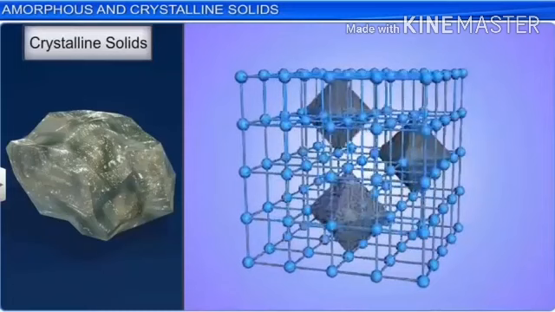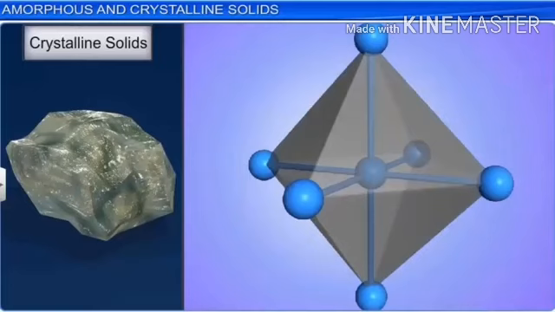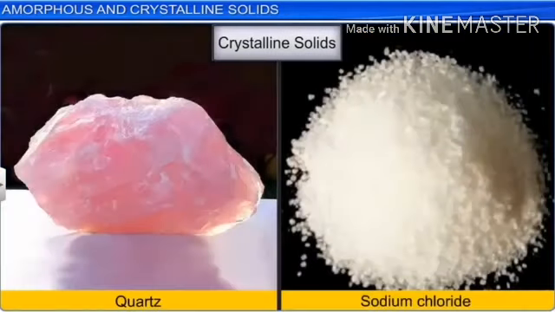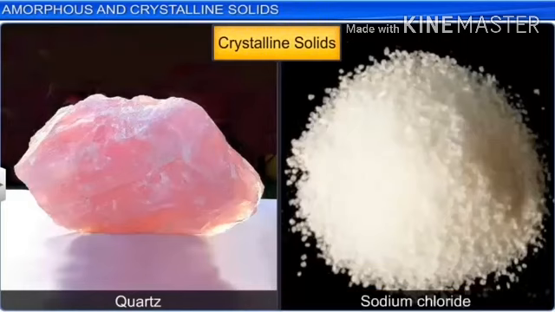Thus, a crystal is defined as a solid having a definite geometrical shape. The main examples of crystalline solids are quartz and sodium chloride.